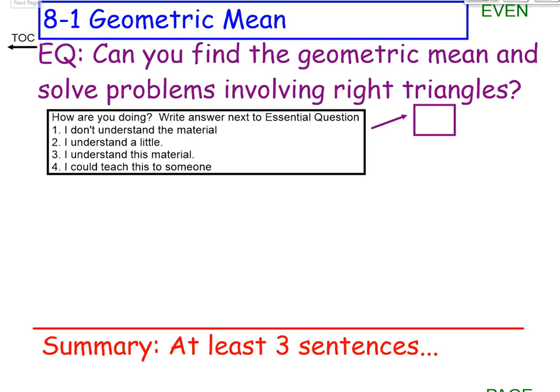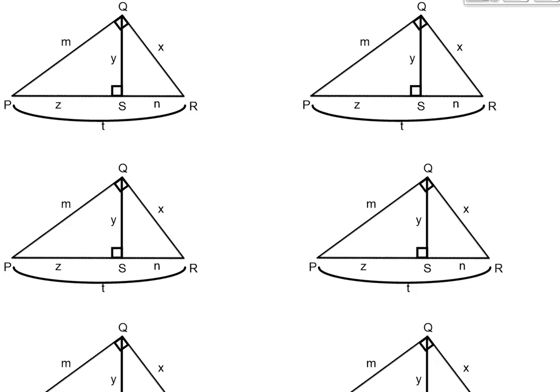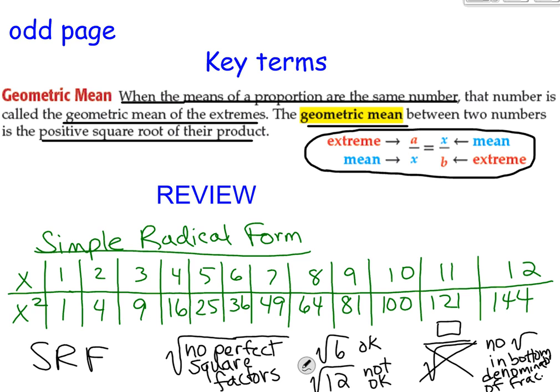Everybody should have one handout that looks kind of like this. Those are small handouts, and I have some extras, so if you need one, take an extra, that's fine.